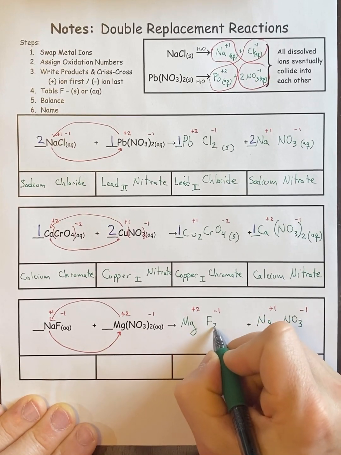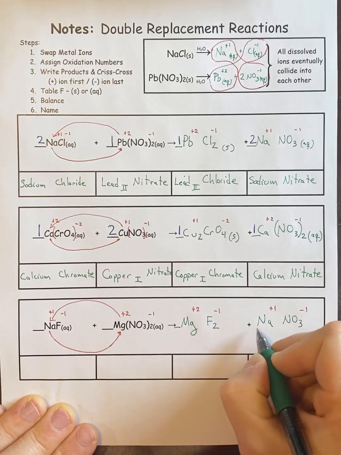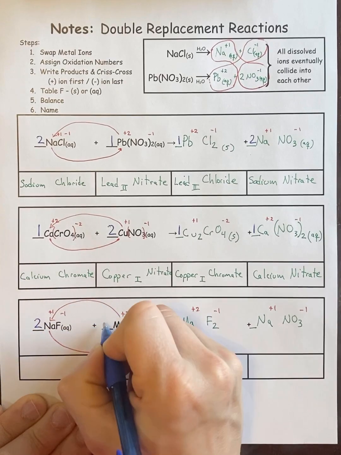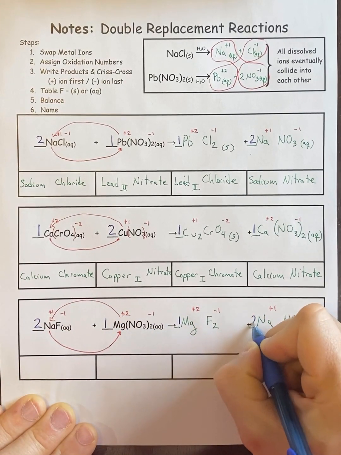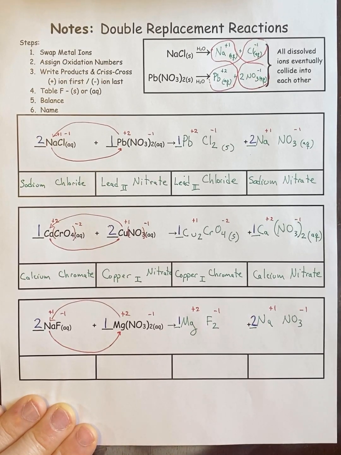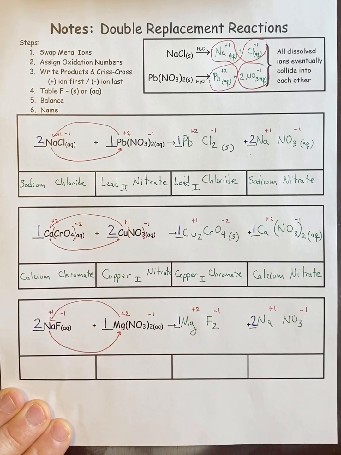Crisscross. This one's done. Balancing. And the last part, naming. Well, the second to last would be to name them.